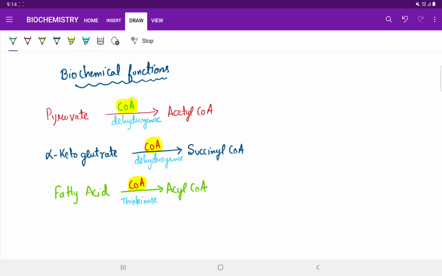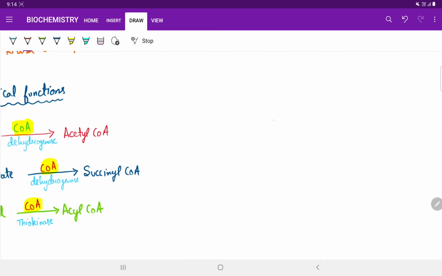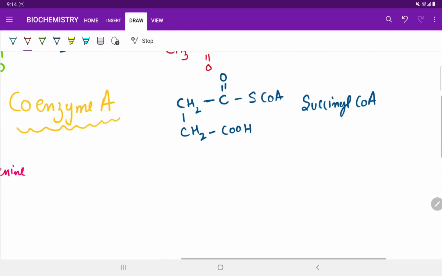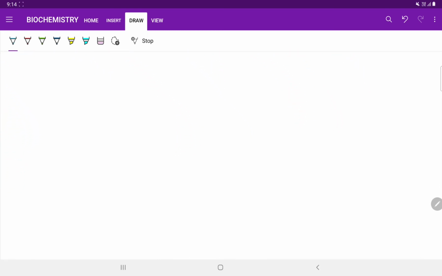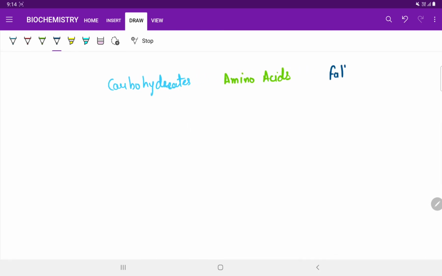The most commonly involved compound associated with coenzyme A is acetyl coenzyme A. So now let us see how it is formed. We can also call it the fate of acetyl coenzyme A. Basically it comes from three sources, that is carbohydrates, then amino acids, and lastly the fatty acids or fats.